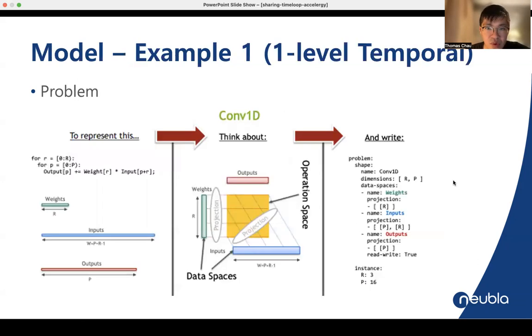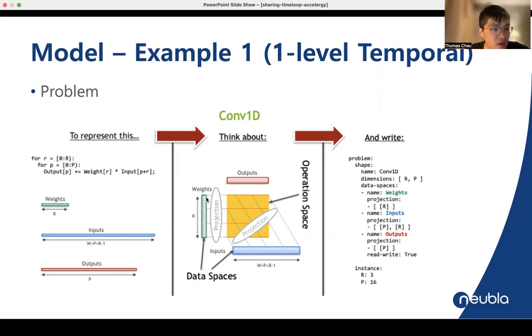Here we start with a simple one-level temporal example, considering a 1D convolution. The problem description is a loop nest with an operation space in R and P dimensions. The data space consists of three tensors: input, weight, and output.